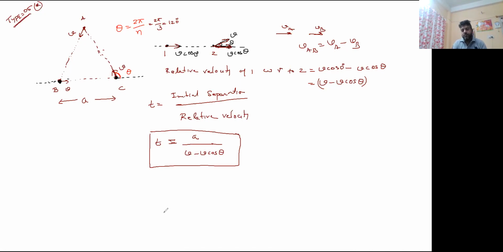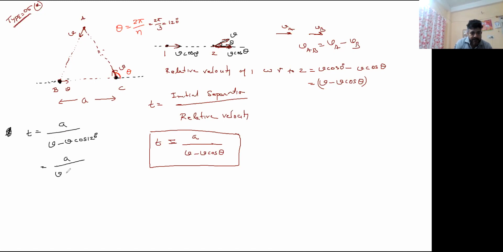Now in this question, especially in this question, theta is how much? Tell me, anyone? So this is 120 degree. So my T is A by V minus V cos 120 degree. কত হবে?